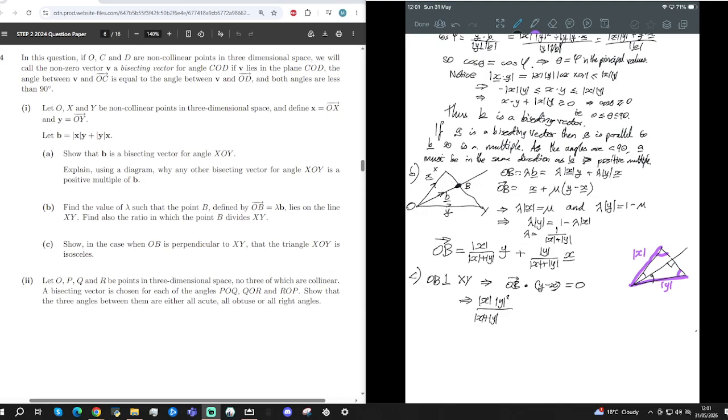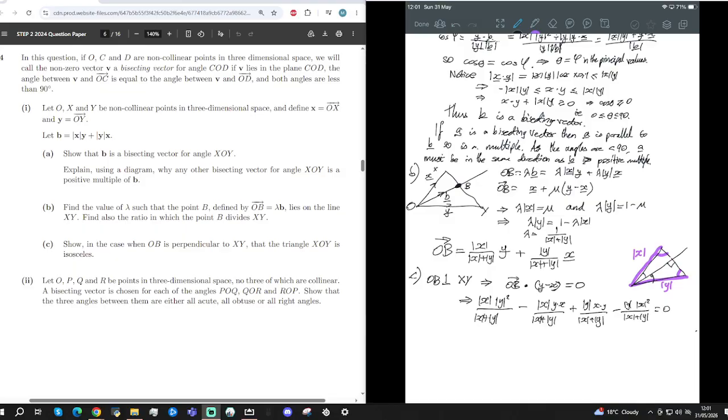Outsides, so that's minus x y dot x over, I'm going to get sick of writing this fraction in a moment, and we can start to visualize why this fraction isn't needed. X dot y over, because I can just multiply through in a moment, minus, and the final one is y x squared over x plus y.